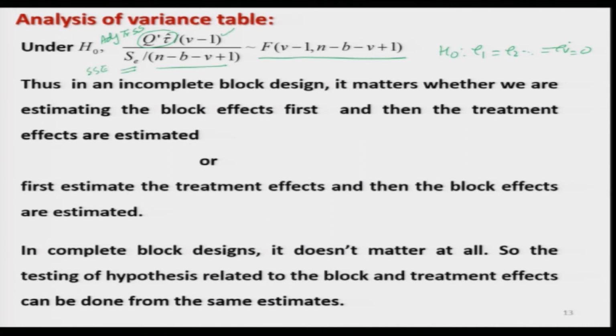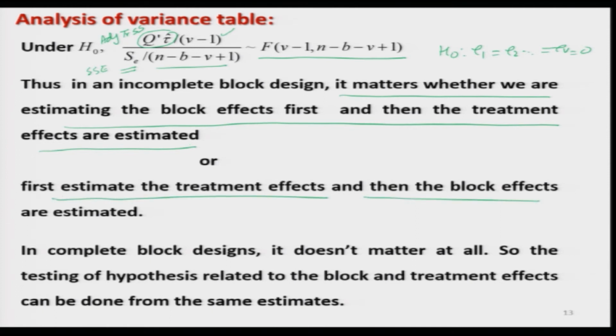In the case of incomplete block design, it matters whether we are estimating the block effect first and then the treatment effects, or first the treatment effect and then the block effects. Whereas, if you try to recall, in the case of complete block design, it does not matter at all whether you first estimate the block effect and then treatment effect, or first the treatment effect and then the block effect.